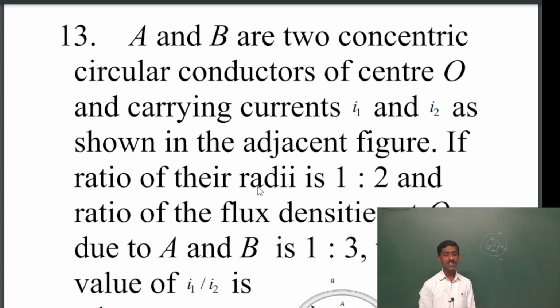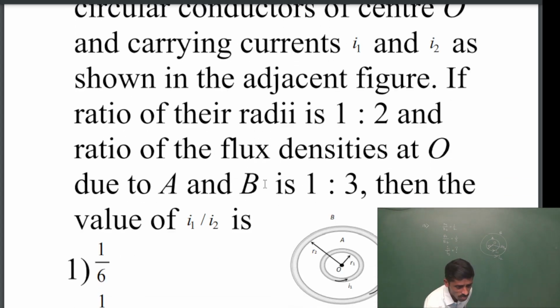If the ratio of the radii is 1:2, and the ratio of flux densities at O, nothing but the ratio of the magnetic fields at the center, is 1:3, then what is the value of the ratio of the currents? I1 by I2 is what?